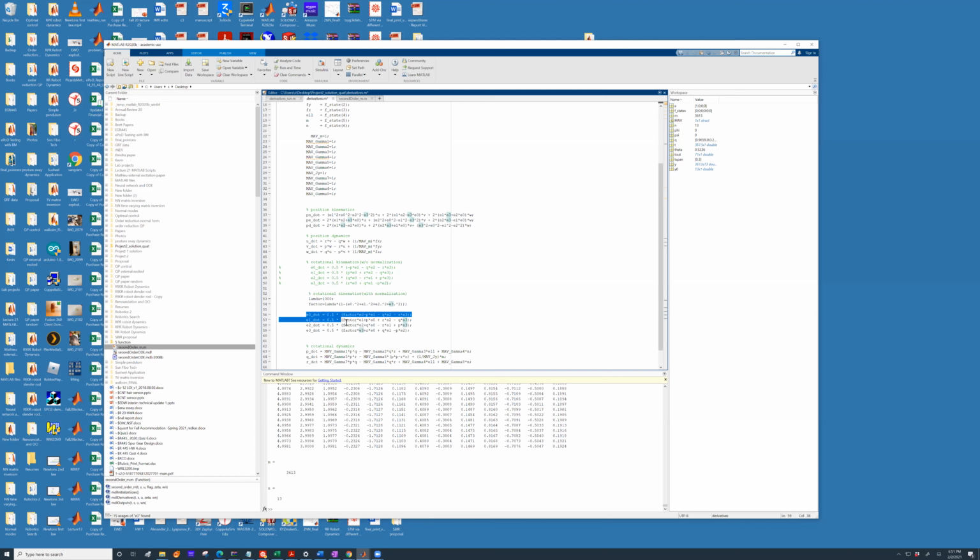So this expression is the expanded version of the expression that I showed a minute ago with the cost function.